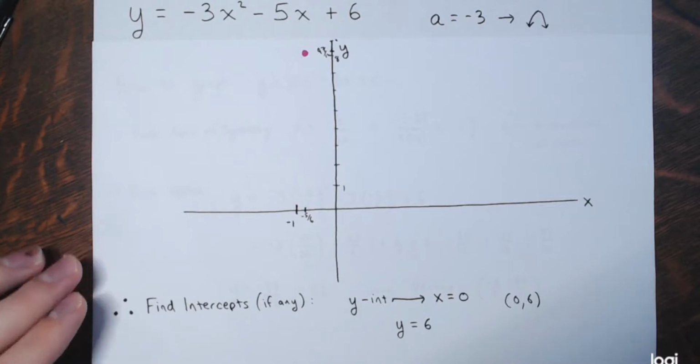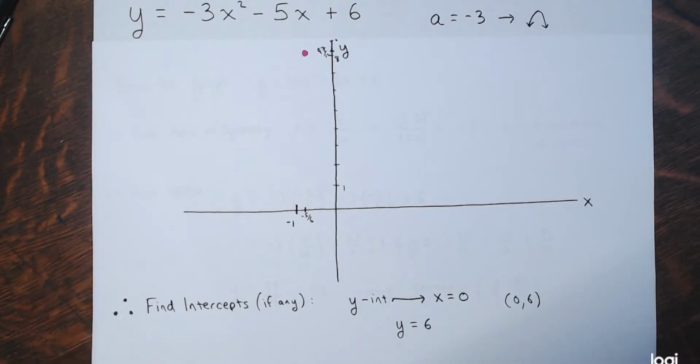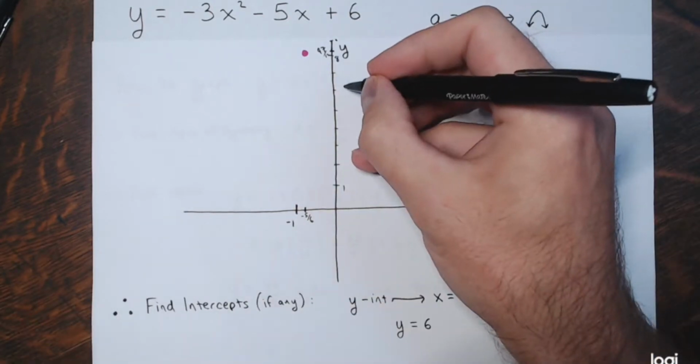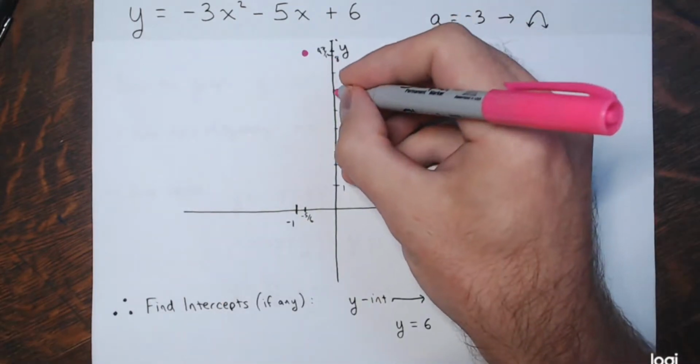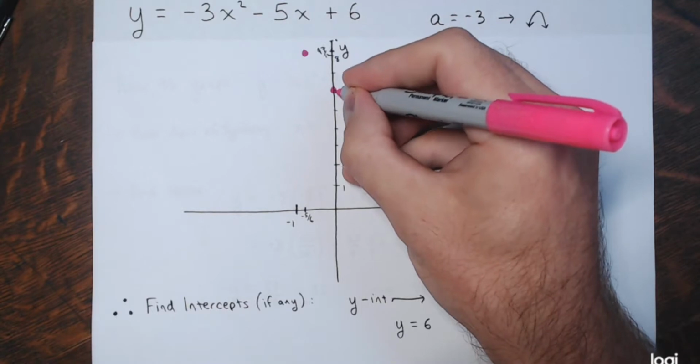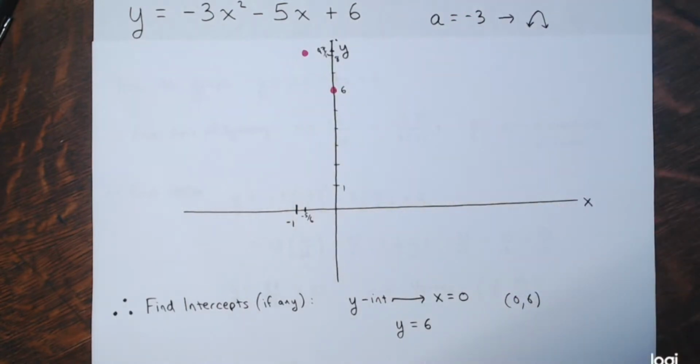There's the y-intercept, and I'll plot that. And you can use symmetry to find another point, but I'll make that my final step after finding the intercepts.